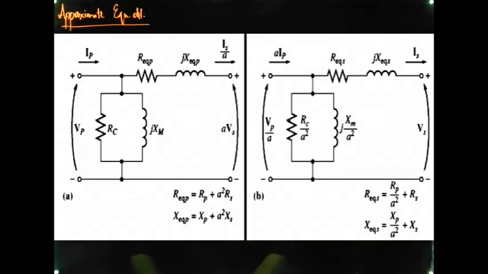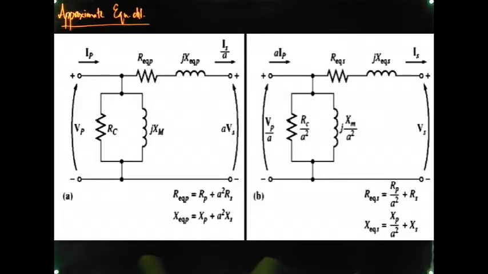Now, how can we club these? It is owing to the fact that the total excitation current flows through RC as well as XM, whereas the core loss current is flowing through RC and the magnetization current is flowing through XM.